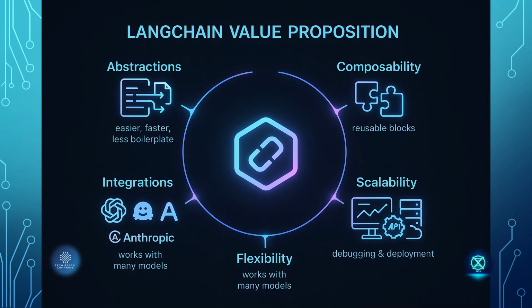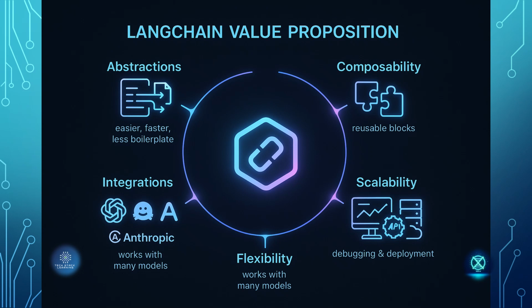Okay, so now everybody has an idea of the basics of LangChain, right? So what is the value it gives you? Abstractions: basically it's easier, faster, and has less boilerplate, right? That is one of the key values of using LangChain. Composability: you can build apps as reusable blocks, correct?